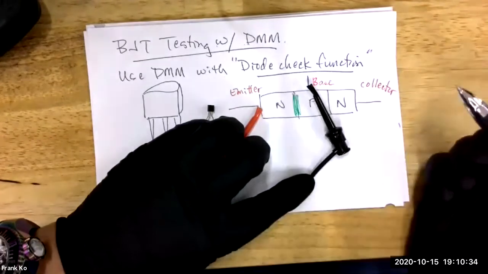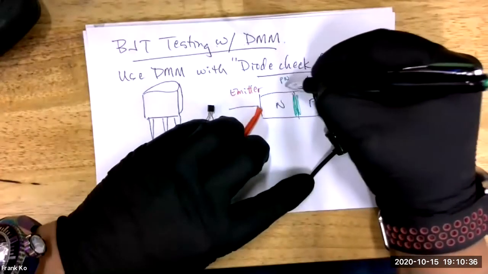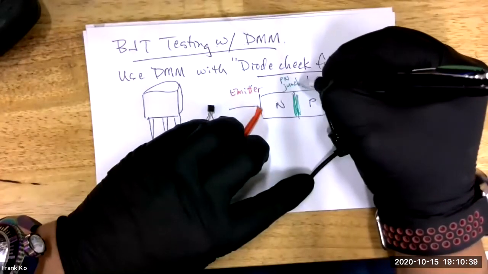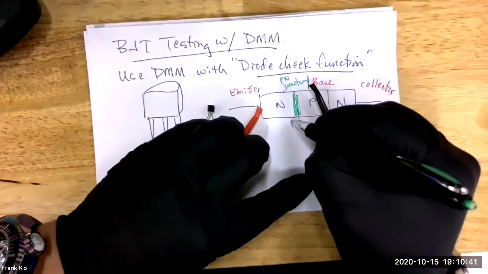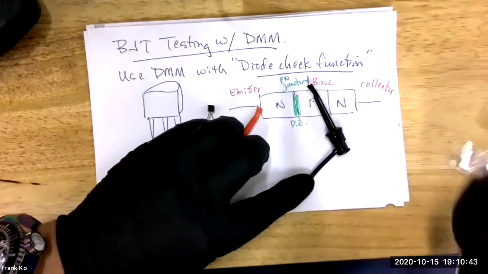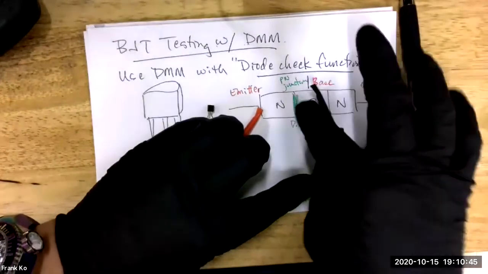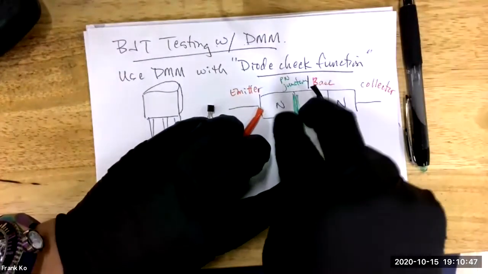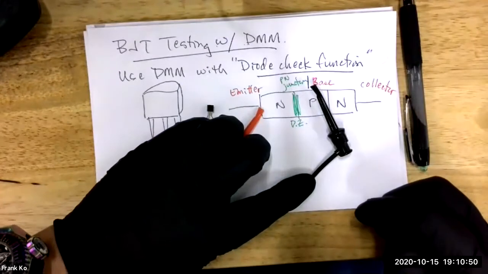There's a PN junction right there. That is a PN junction right there. And it has a depletion zone, DZ, between these. So this portion here, the P and N, that is a diode by itself.